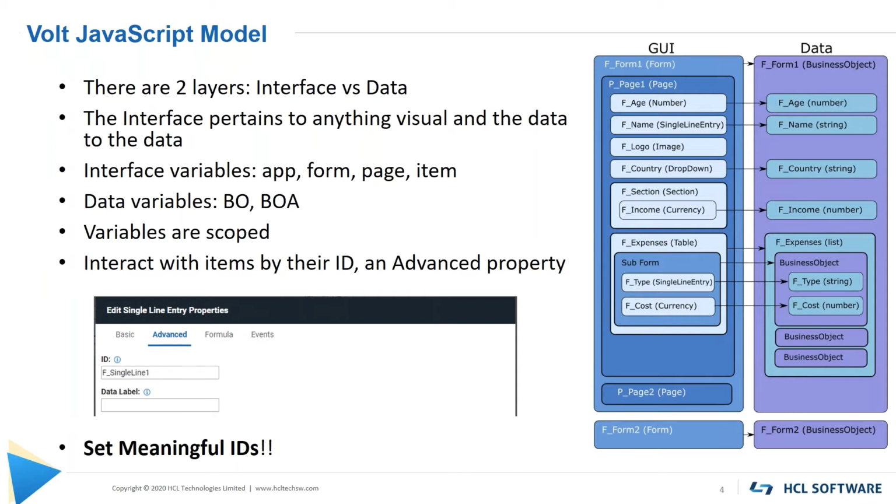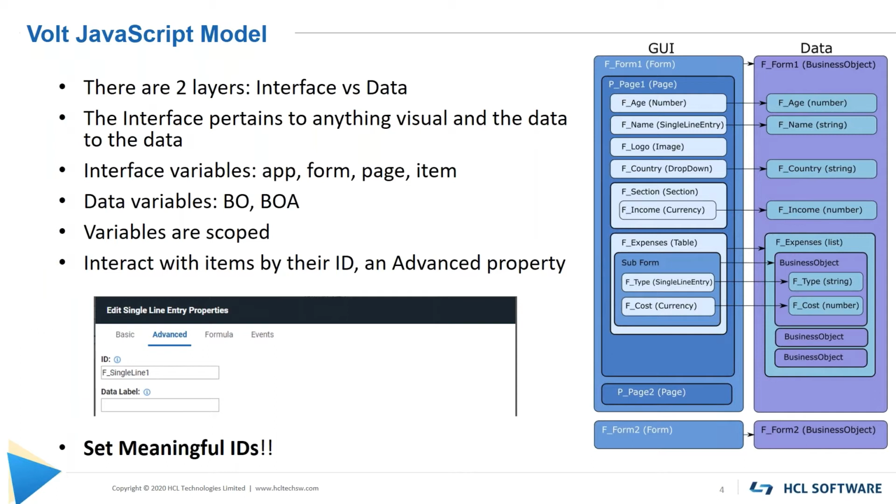And then you've got the data, and that's the actual business object. It's where all the data is and what makes up that data. So things like validity, whether it's required or not, whether it's valid or not, what type it is. So that's all on the data side.